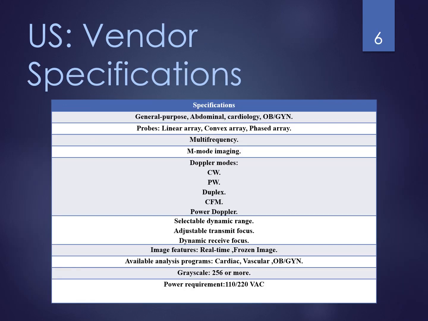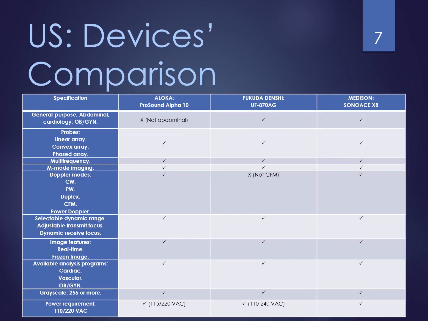After identifying all of the important specifications and the hospital requirements, we generate a specific tender document for the vendors that includes all the necessary specifications for the device, and based on that we get our different devices to compare with, which are the ProSound Alpha 10, the UF870AG, and the Sonace X8.